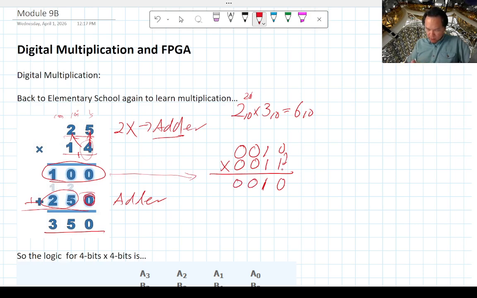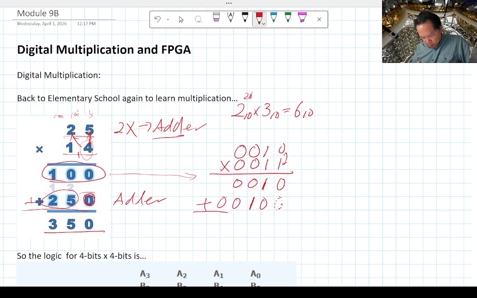The next time we put a placeholder 0 here right away. In fact, I'll try to do it like a little dash line 0 because it's not something we did from a gate, we just placed it there. So 1 times 0 is 0. 1 times 1 is 1. 1 times 0 is 0. And then 1 times 0 is 0. So there's just extra bits here that you're not going to use.